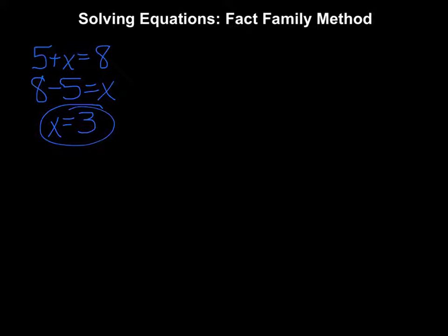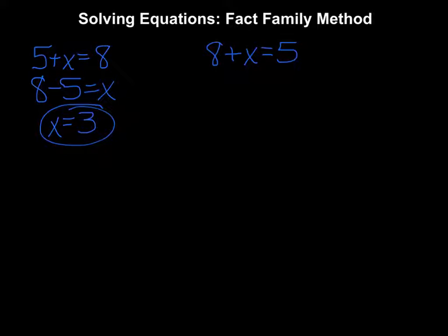Now let's take a look at another example. 8 plus x equals 5. Again, just like last time, since this is an addition problem, the sum will stay where it is, but these two add-ins can switch places. And once again, if I switch places, that's not going to be helpful. So we're going to have to move on to subtraction. Well, the sum will become the minuend.